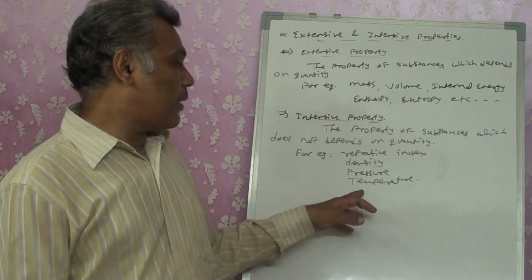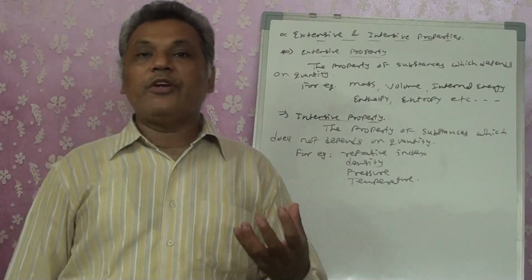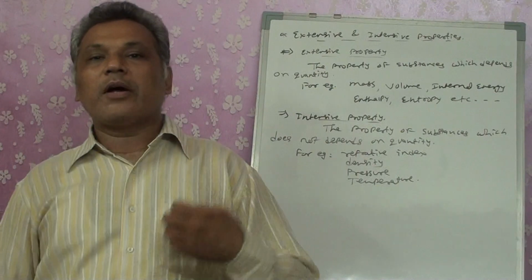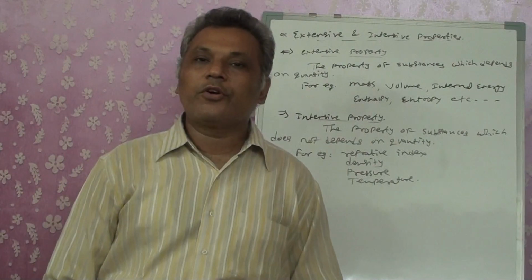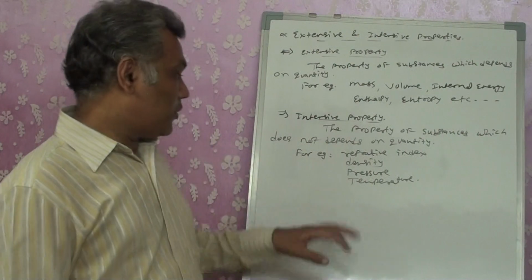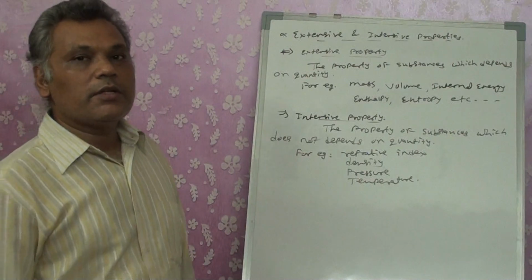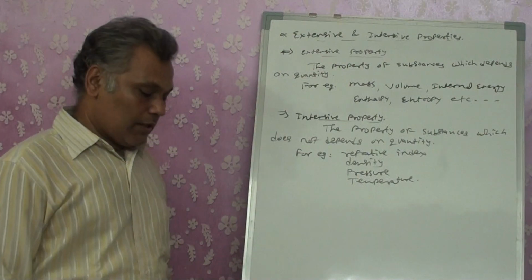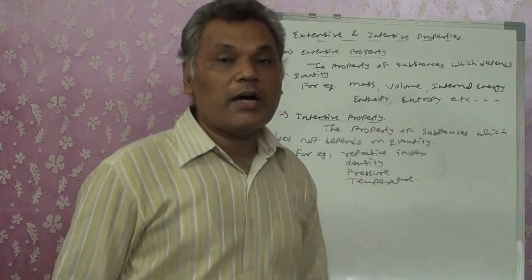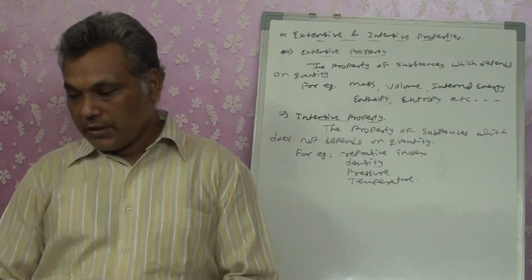So temperature, pressure, density: if we take a cup of water, a bowl of water or a bucket of water, the density of the water is going to remain the same, 1 gram per ml. So those properties which do not change with the quantity, they are intensive properties of the substances, right?